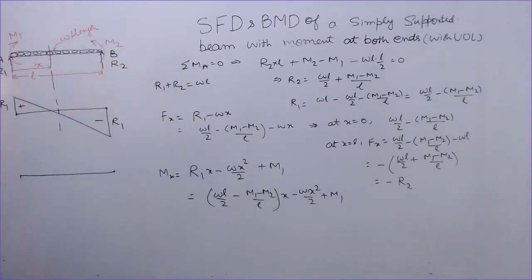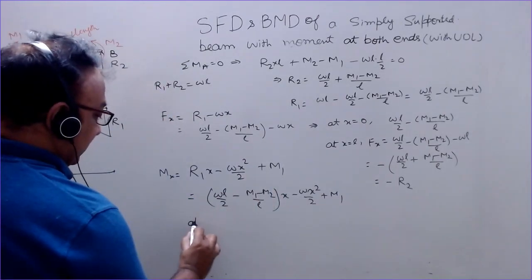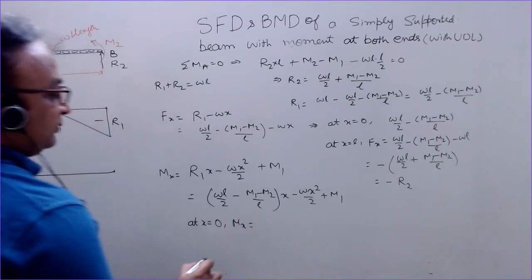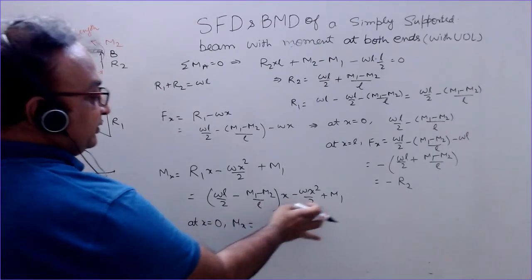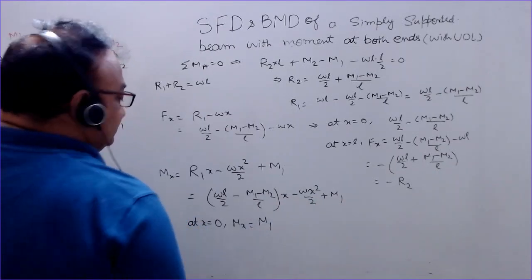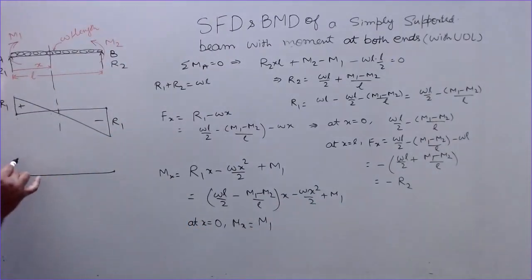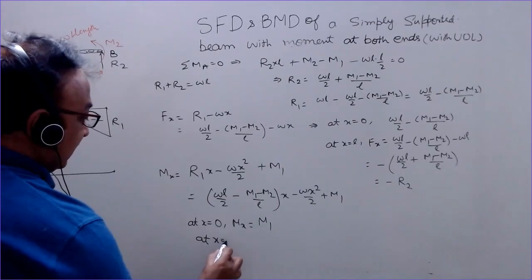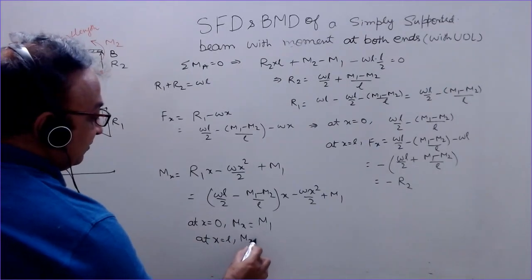So Mx equals R1 into x minus Wx square by 2 plus M1. This is a parabola. At x equal to 0, what is Mx? This term is 0, this is 0, this is M1. So here it has a constant value equal to the moment acting here, M1. At x equal to L, what is the bending moment?